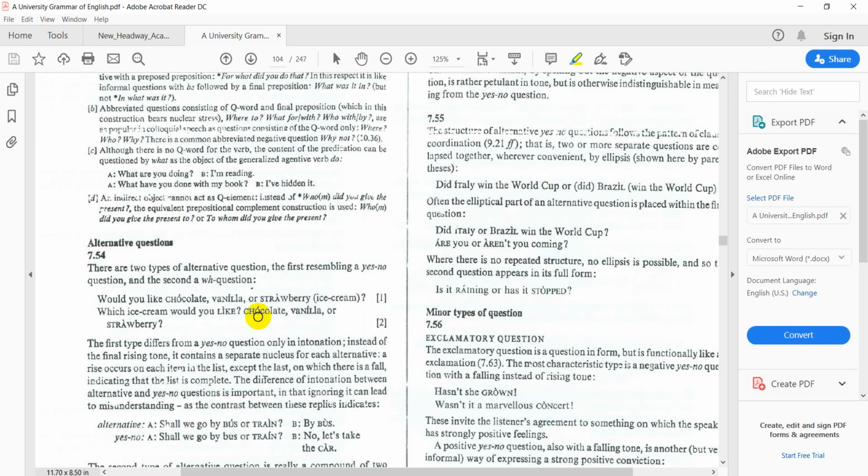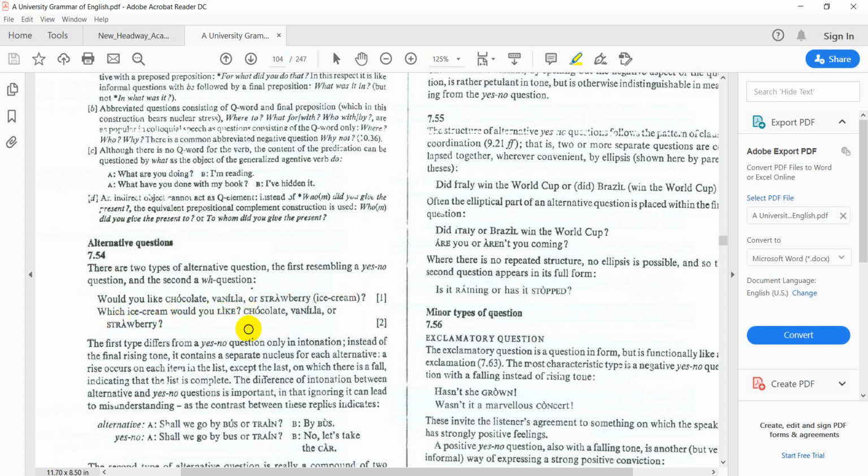The other type is by using a WH word, or WH element, in which I pull the last word, ice cream, and I ask, which ice cream would you like? Here you have to lower your tone.